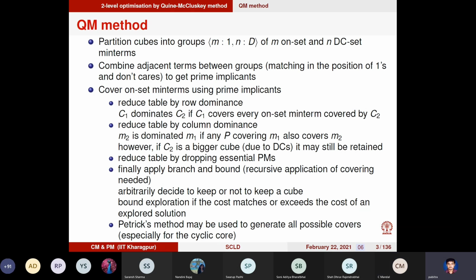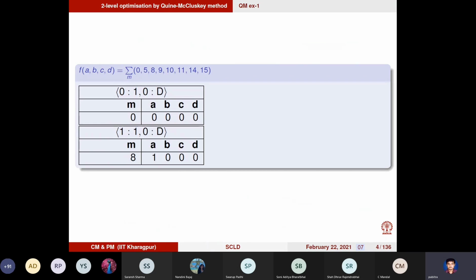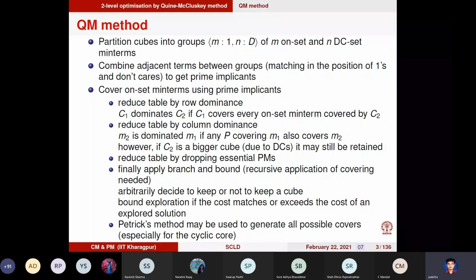Yes. So basically, there are two steps in the Quinn-McCluskey method, as Professor CRM has discussed. It's a bottom up method. Let us first describe the method, and then we'll explain with examples. You have the cubes, and you put them into two groups.